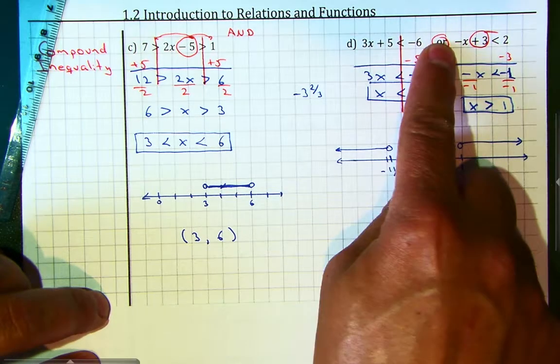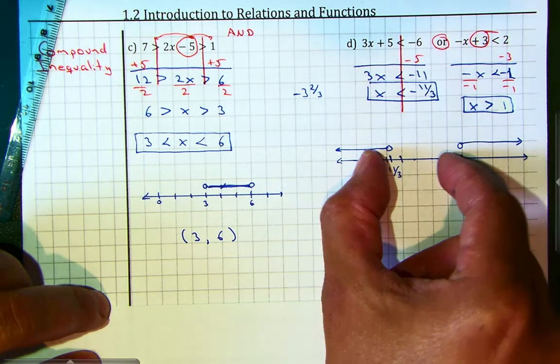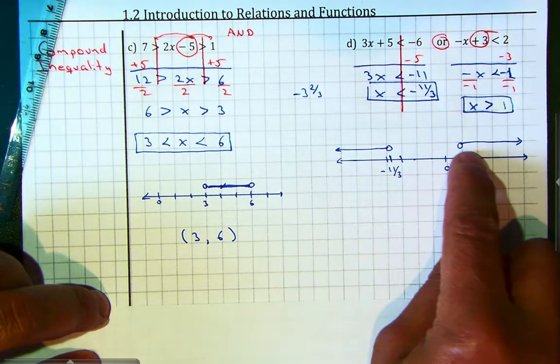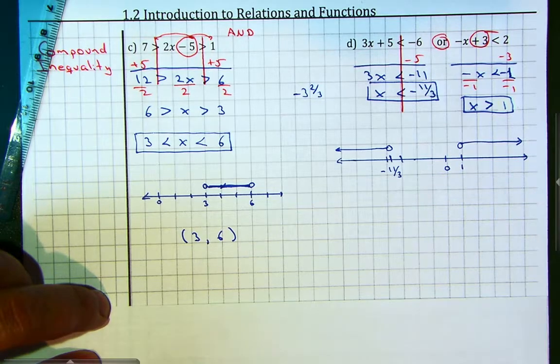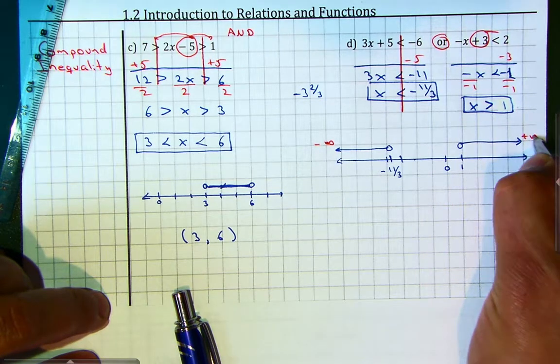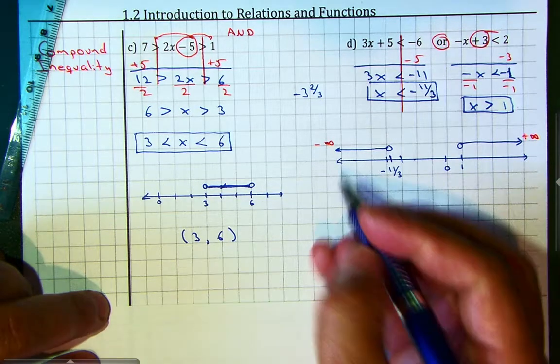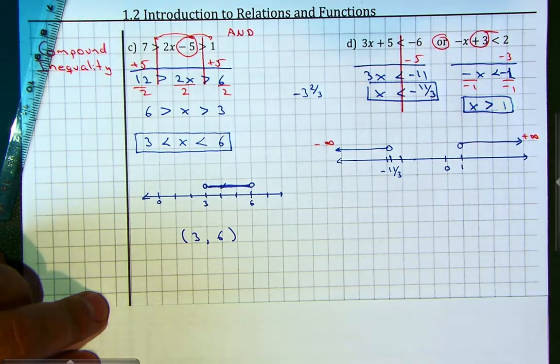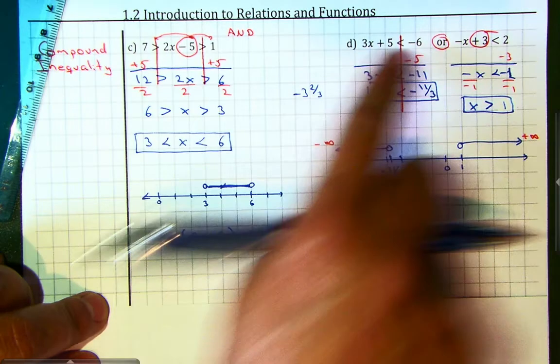Whenever we have an OR, automatically they should be going away from each other because it's one way or another. And when we graph it, there'll be two parts. Now, many of you will get this wrong on the test. So just make sure that you pay attention or just memorize when it's an AND or an OR.